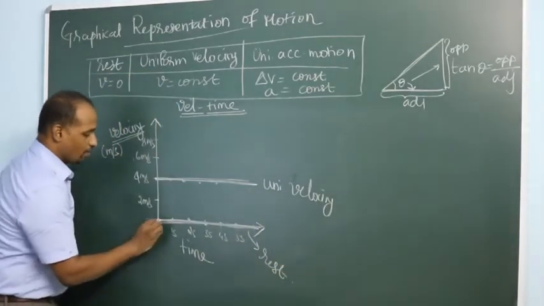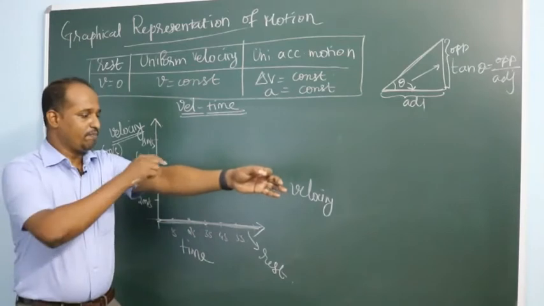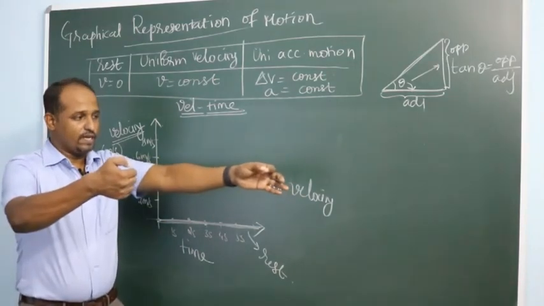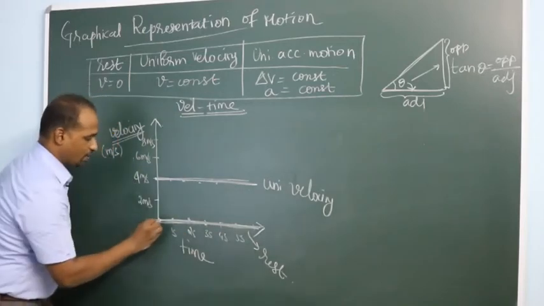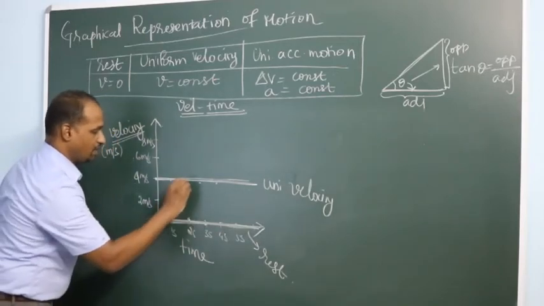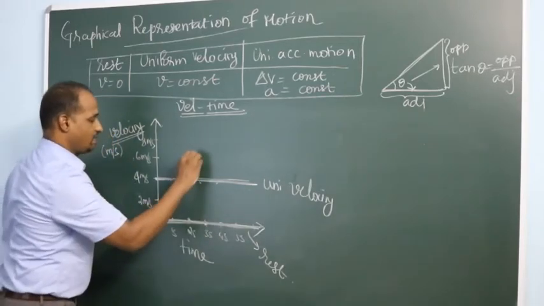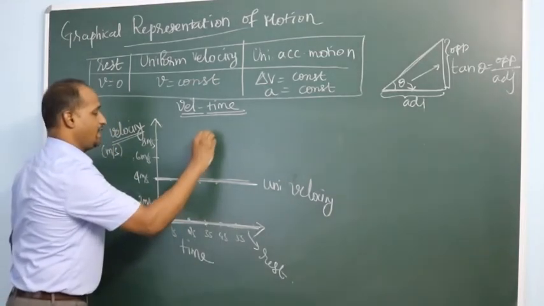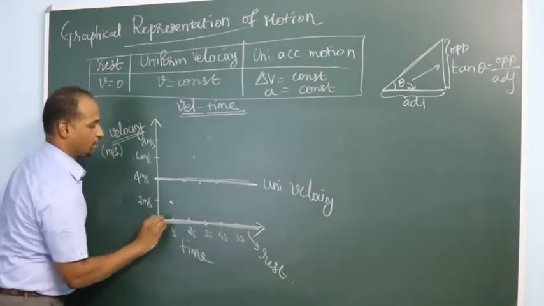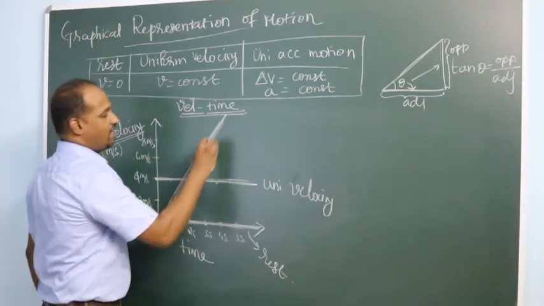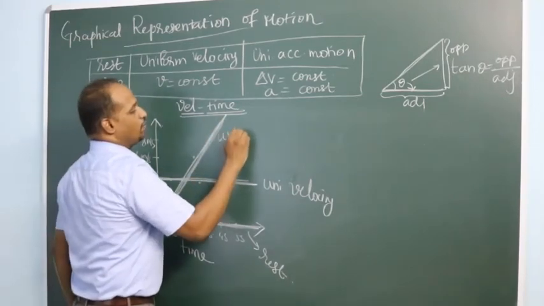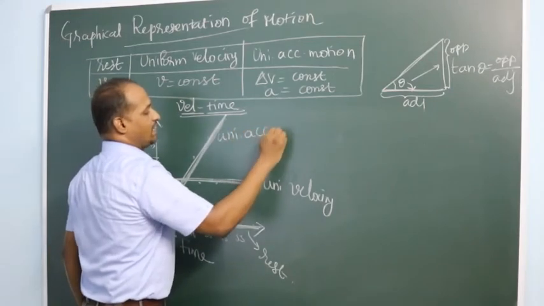So when you keep the object, you start the stop clock, then 0. After 1 second, 2 meter per second, 2 seconds, 4, 3 seconds, 6, 4 seconds, 8, 5 seconds, 10. So it's a straight line. If the graph is an inclined straight line, then this represents uniform acceleration.